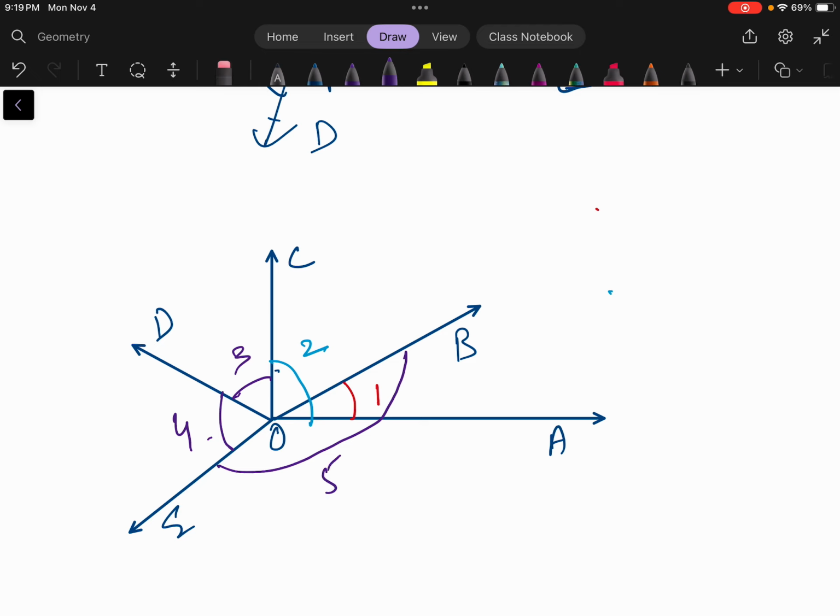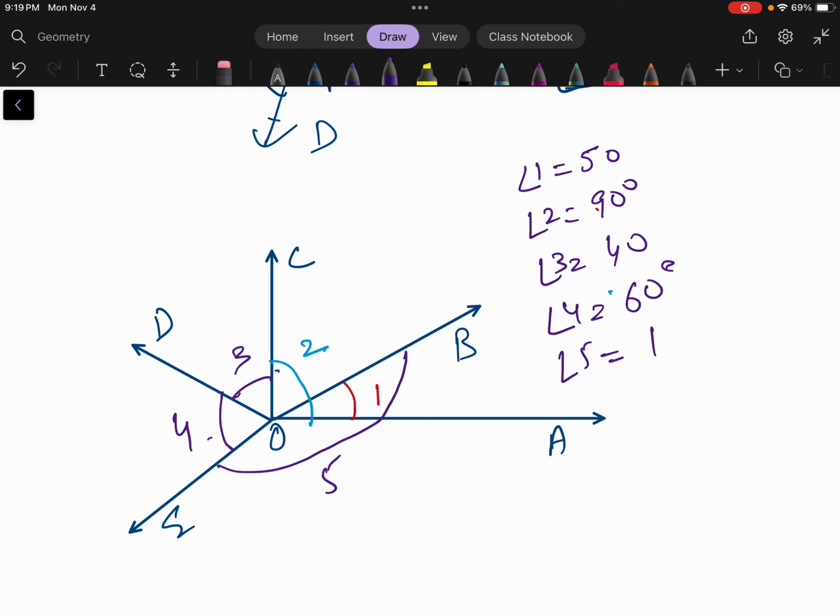So tell me, I have angle 1 equal to 50 degrees, angle 2 equal to 90 degrees, angle 3 equal to 40 degrees, angle 4 equal to 60 degrees, angle 5 equal to 130 degrees.